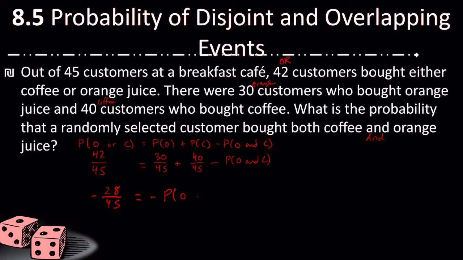That's negative the probability. So 28 over 45, divide by the negative to make everything positive. It's about 0.622. So that's almost 2/3 of the people bought both coffee and orange juice.